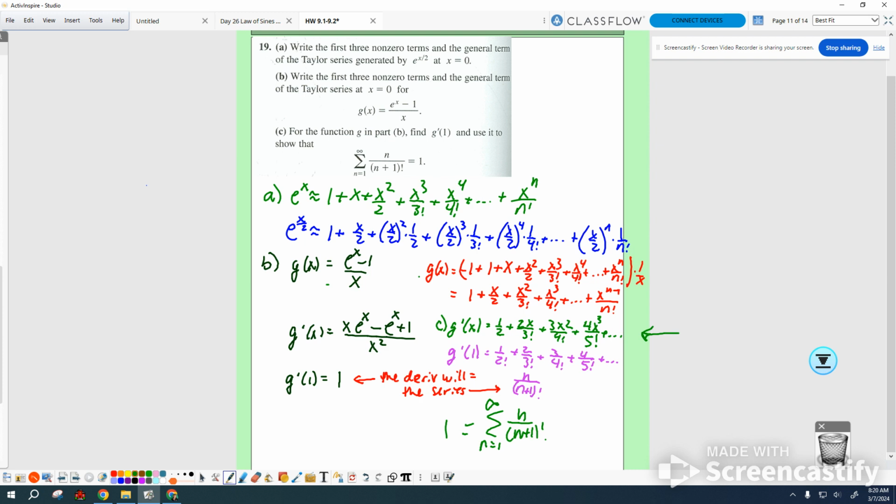And then in part B, they asked for (e^x minus 1) over x. What is that? e to the x minus 1.